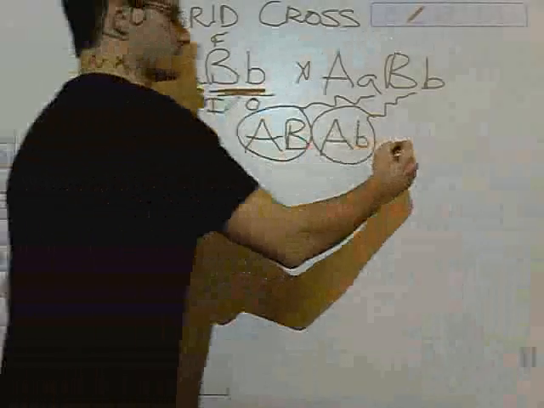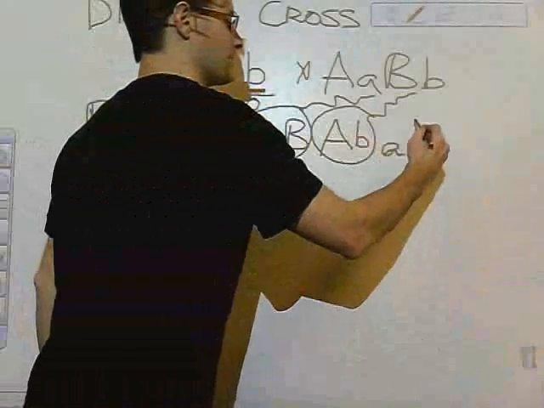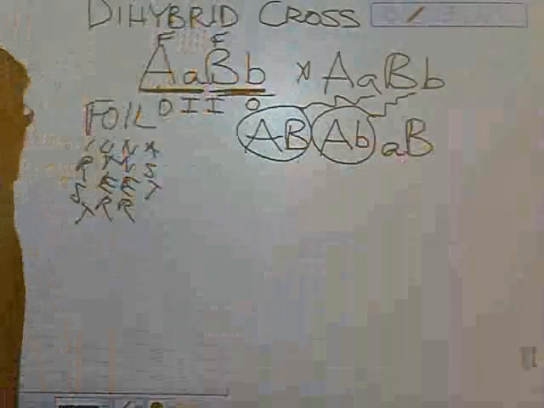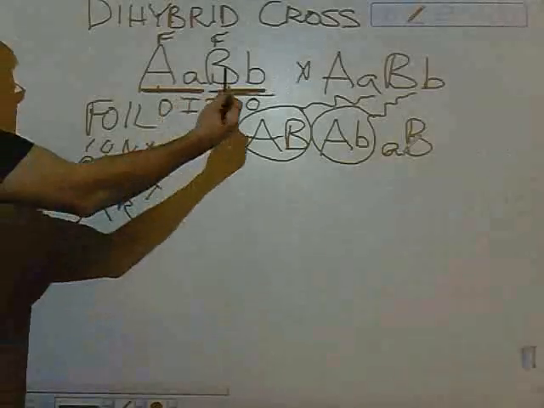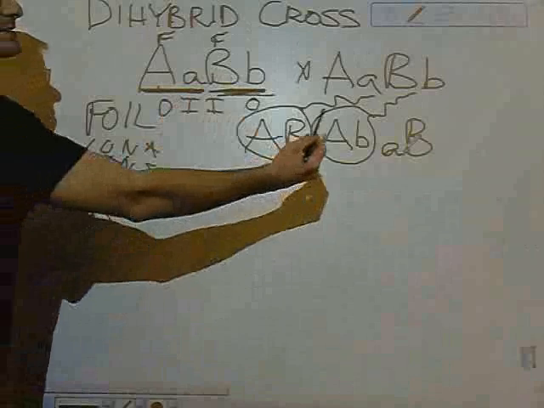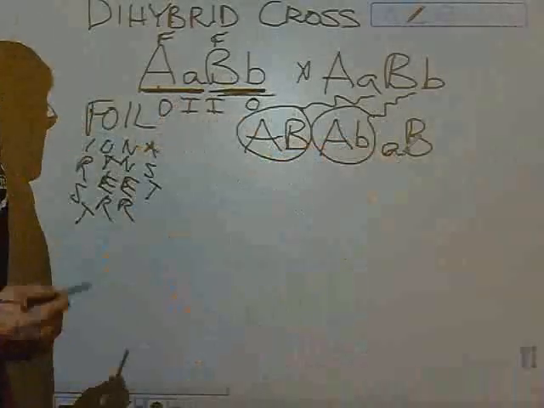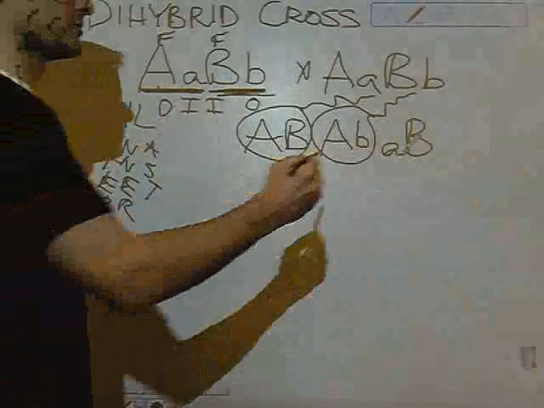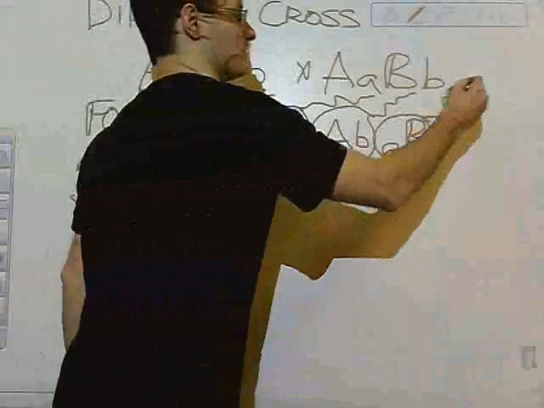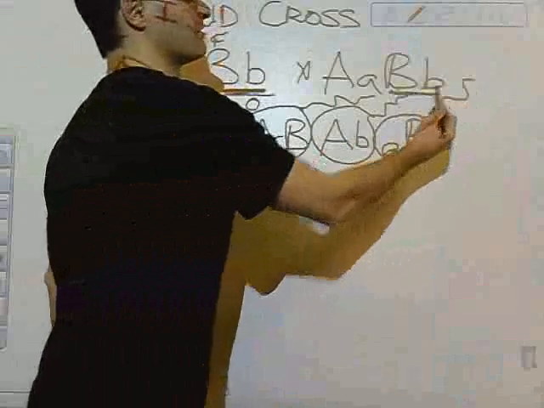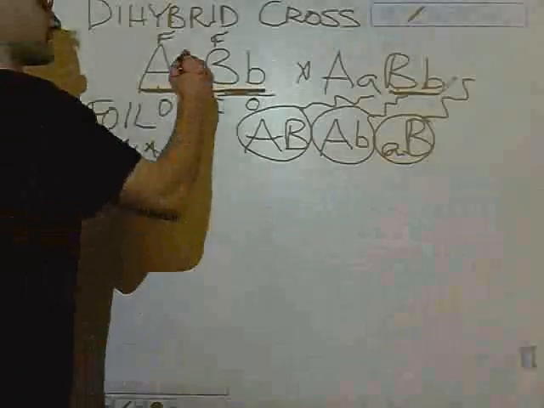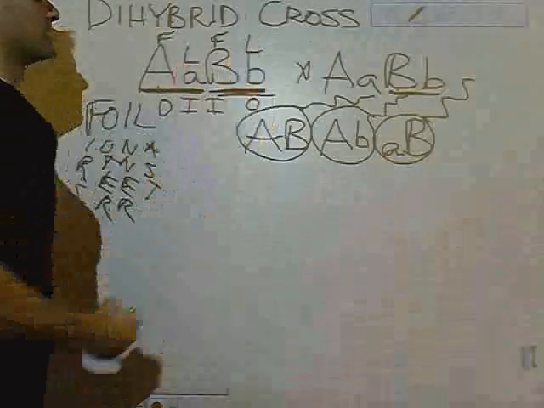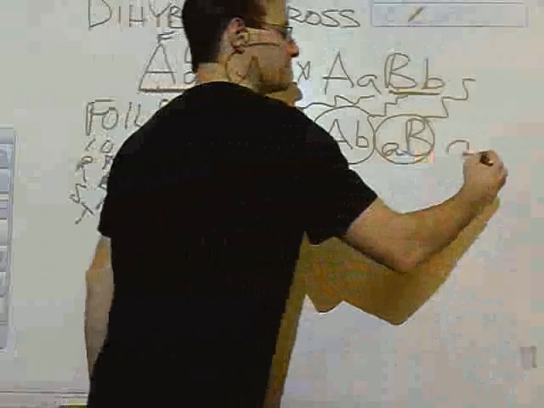Now that we have four letters, we want to do it in A-B order, or letter order. If the parents are A-B order, all the gametes are A-B order. Capital before lowercase only comes for this type of an example when you only have one letter. All right, and then our last are right here. Last of each.